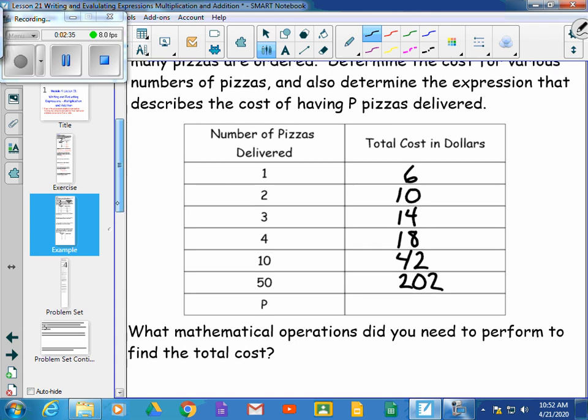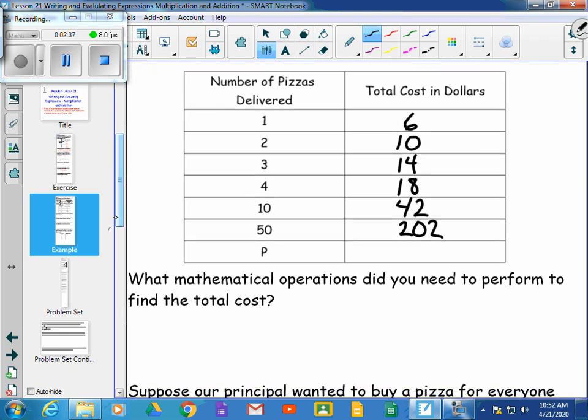Now if we have the variable P pizzas, the cost is going to be represented as an algebraic expression. Think about what we did to the pizzas. We took 4 and multiplied it by the number of pizzas, 4P, and then we added the 2 on at the end. So our expression would be 4P plus 2.